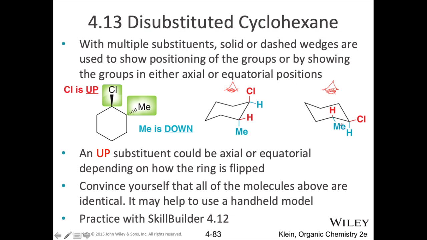So it sometimes helps to label your carbons as being up or down, and just alternating, and that will tell you. If this is an up carbon, up up tells you that this is axial. If this is down, down, because it's pointing away from you, then down down is also axial. That's how we figure this out.